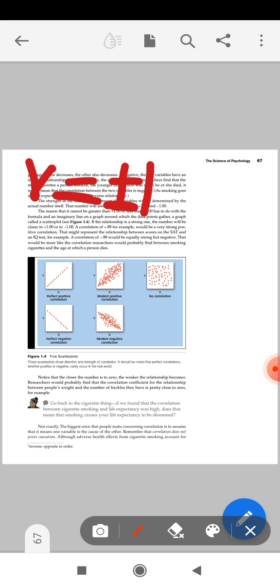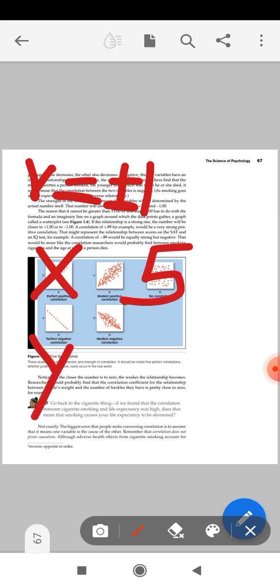If variable x is changed by, say, 5 units, then variable y will also change by 5 units in the same direction. And if the correlation is -1, it means that if x is changed by 5 units, then y will also change by 5 units but in the opposite direction.